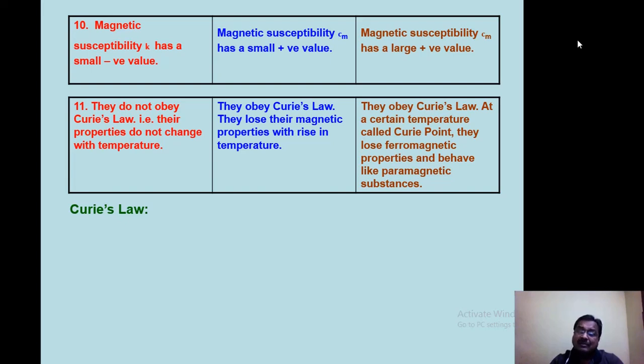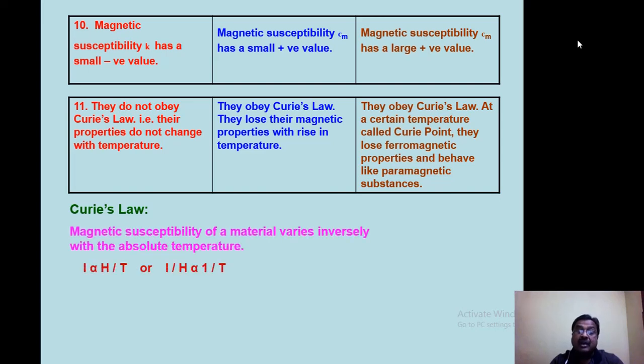You may ask why? According to Curie's law, magnetic susceptibility of a material is inversely proportional to absolute temperature. So susceptibility is inversely proportional to T, or susceptibility K will be equal to C by T. We can derive it.